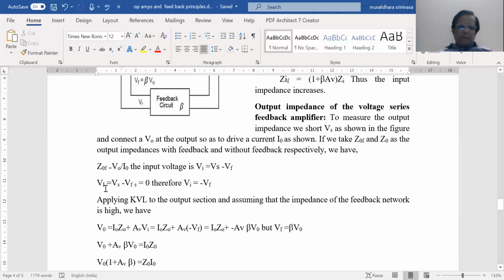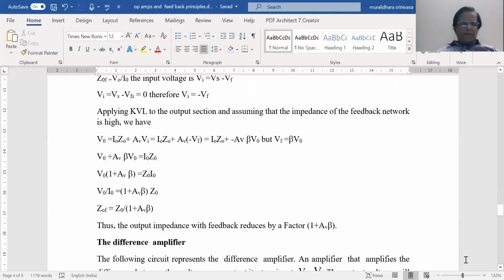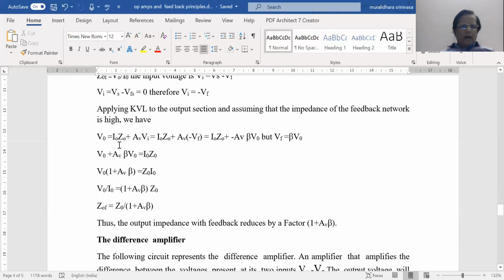Therefore the input voltage Vi is equal to Vs minus V feedback. We have made Vs zero now, therefore Vi is equal to minus Vf. The feedback portion is of opposite sign to Vi. So if you apply KVL to the output section and assume that the impedance of the feedback network is high, then V0 is equal to I0 Z0 plus AV Vi.